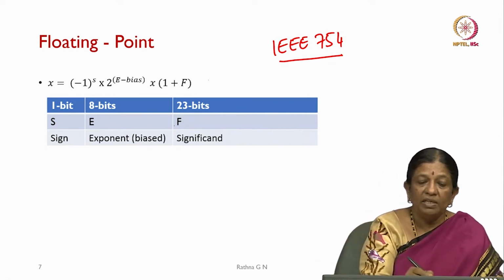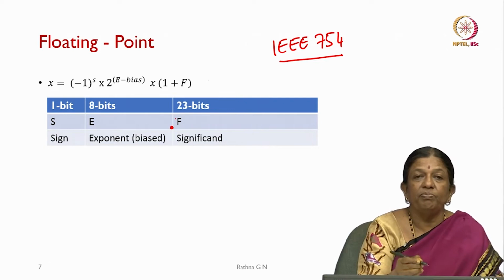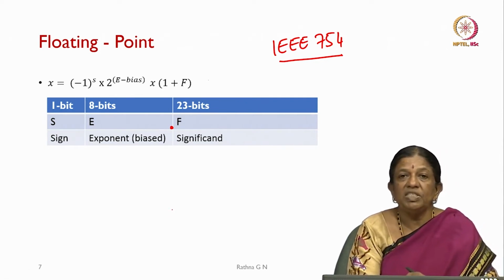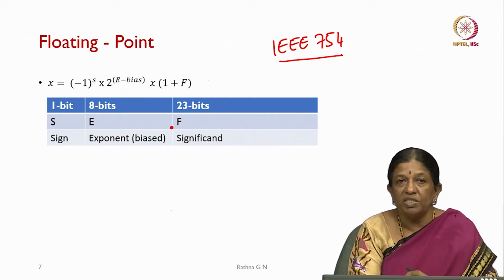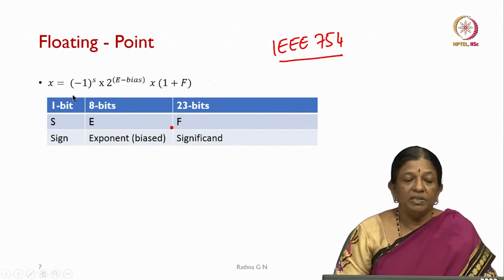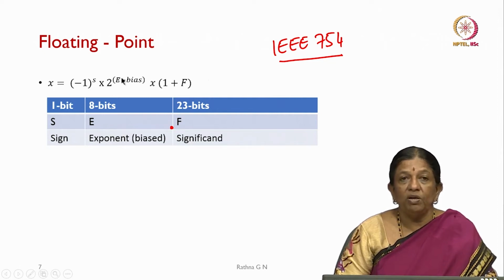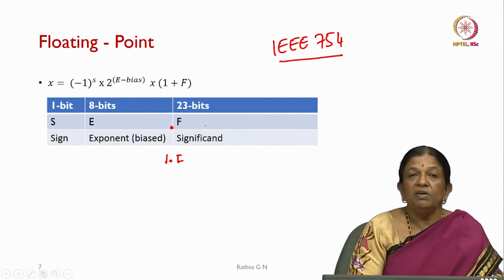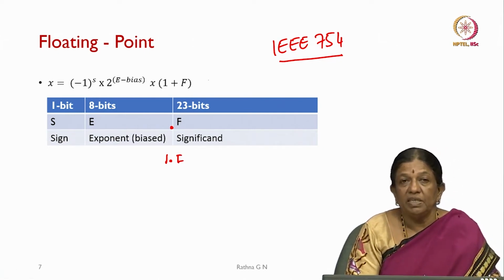There is a binary point here for our fractional representation, which does not require any bits. And what is the representation? It is minus 1 to the power of s into 2 to the power of e minus the bias, into 1 plus the fraction, because we assume there is a 1 before the point, and then I will be representing the 23 bits for the fractional part.